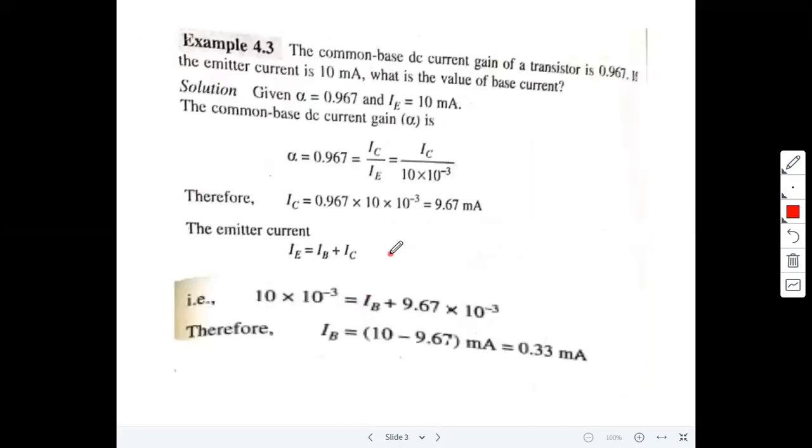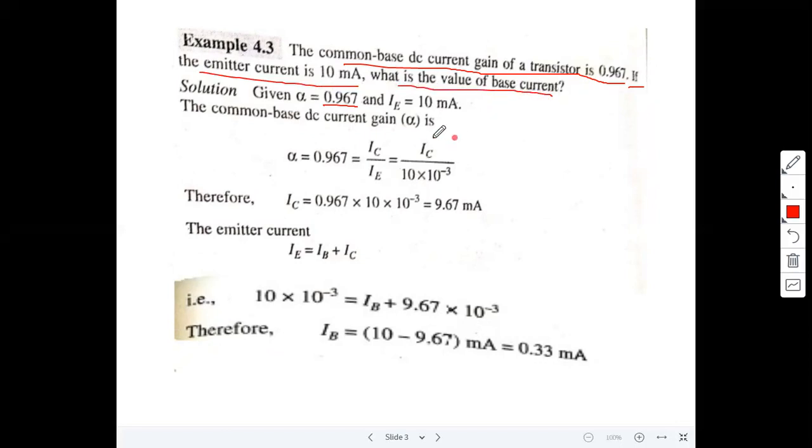Come to the third problem. The common base DC current gain of a transistor is 0.967. Given alpha is equal to 0.967, and also given the emitter current is 10 milliamperes. What is the value of base current?